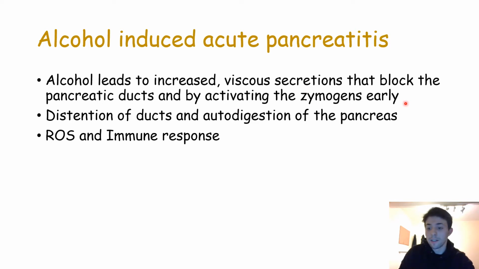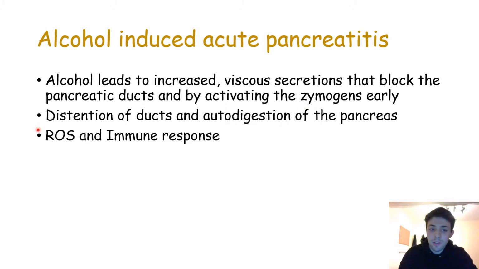The zymogens are enzymes like trypsinogen, which need to be activated in order to work. In other words, it can cause trypsinogen to become activated into trypsin a bit too early, usually inside the pancreas, and then the autodigestion happens. So again, because the fluid is very viscous and thick, it can cause obstruction and distend the ducts. And the zymogens being activated too early can cause the autodigestion of the pancreas.